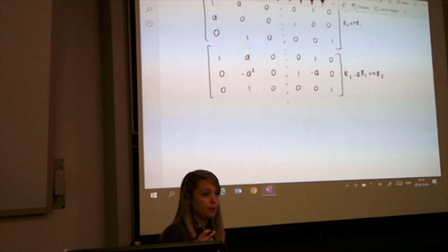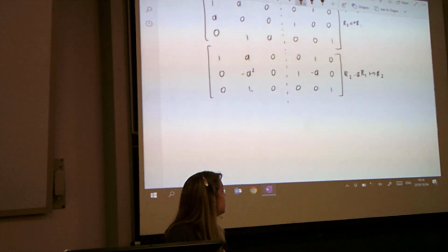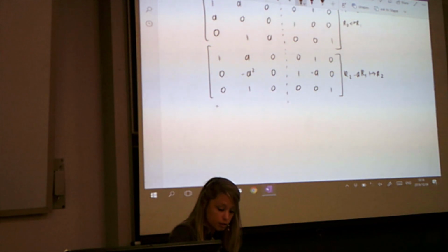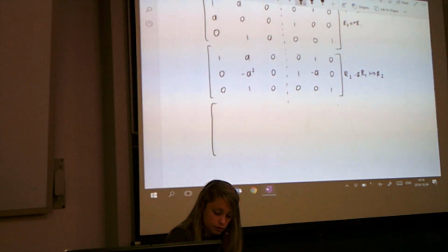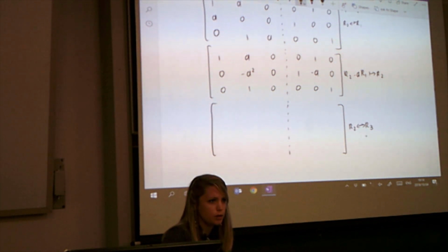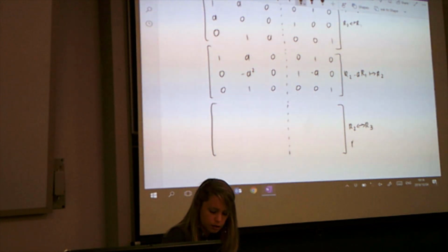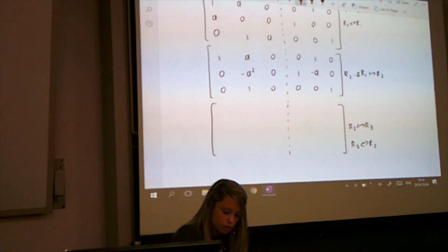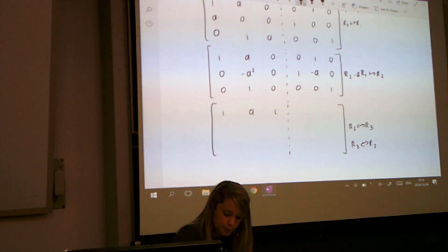Because then I'm going to get my second leading one into the position that I wanted, which is here. Right, so we are swapping rows 2 and 3. Did I say 2 and 1 or 2 and 3? I meant 2 and 3 if I said 2 and 1. So first row stays the same.